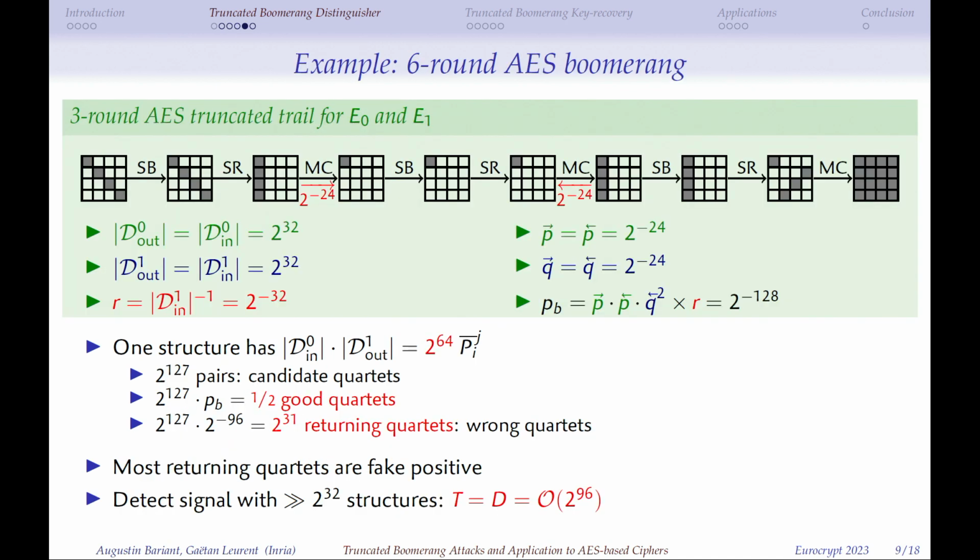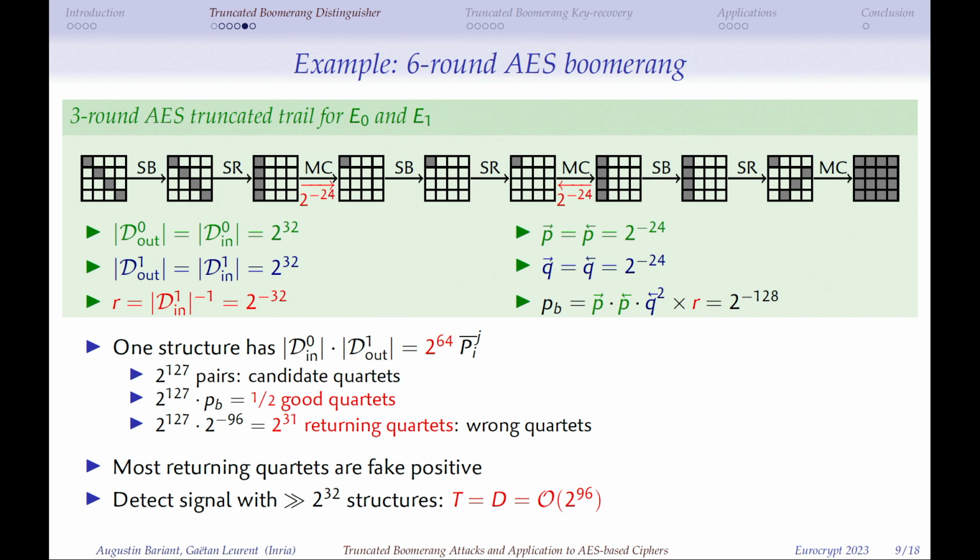And so to give you an example, we can apply this to build a 6-round attack on the AES. So we start from the trail that we've already seen, and we have those parameters that we can just compute from the trail. So in one structure, we have 2^64 values, because we have 2^32 choices in the plaintext, and then each ciphertext is shifted in 2^32 different ways, and then we decrypt everything.